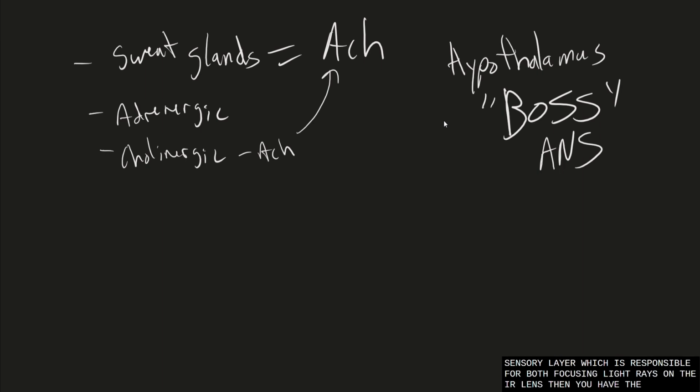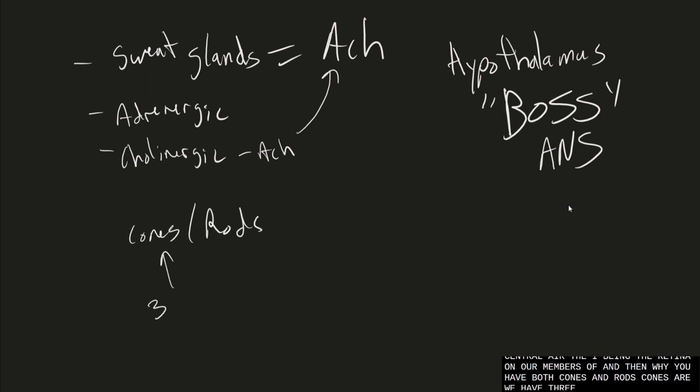Then you have the aqueous humor, the vitreous humor, and the fovea centralis. The fovea centralis is where the greatest visual acuity exists, right next to that macula densa there. Understand that is in the sensory layer of the eye, being the retina. Now remember, in the eye you have both cones and rods. Cones, we have 3 of them for color.